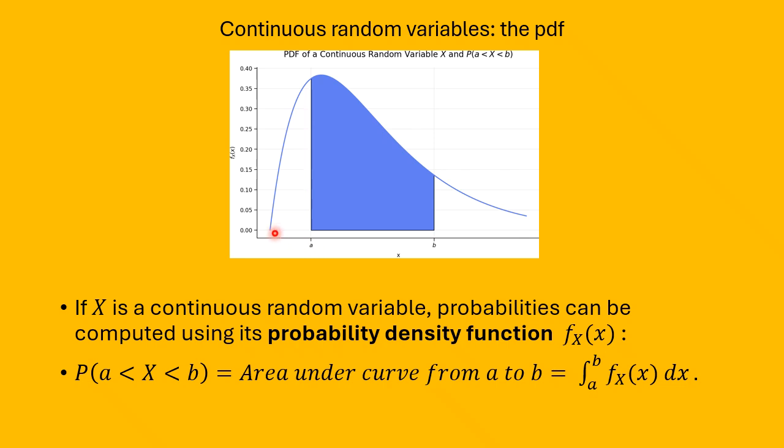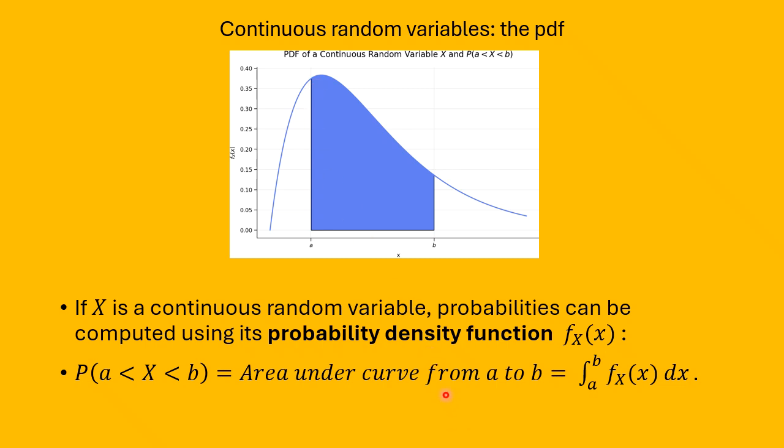So in this illustration here, this curve that we see is going to be the probability density function. And if you have 2 points A and B, as we have here in this diagram, this probability is just going to be the area under this curve from A to B, this shaded area right here. The area under the curve starting at 0, which actually is right here on this graph, and going up to that curve.